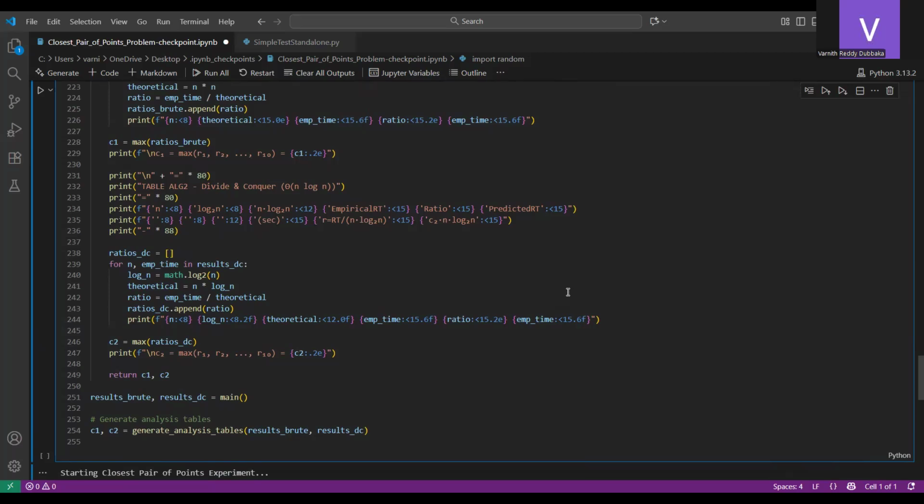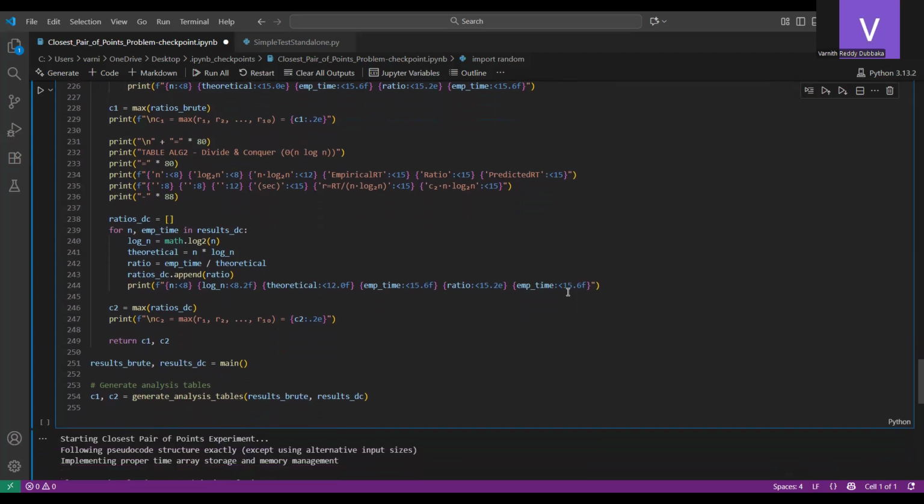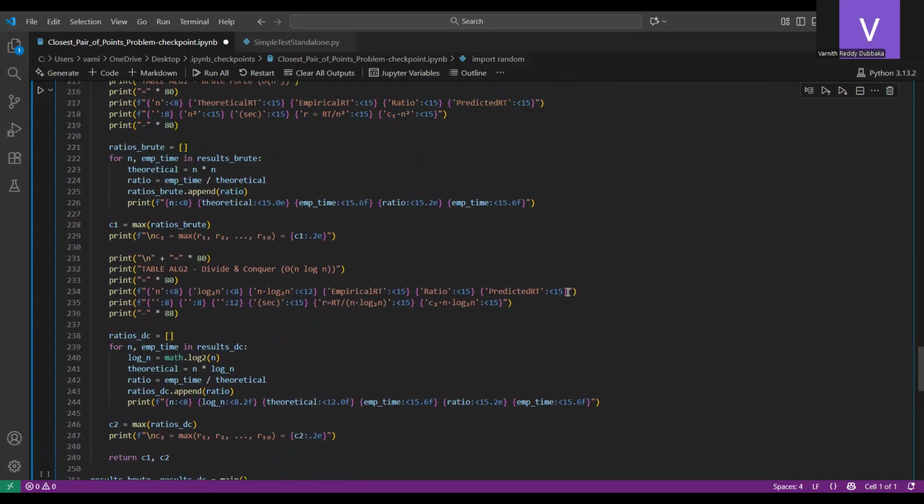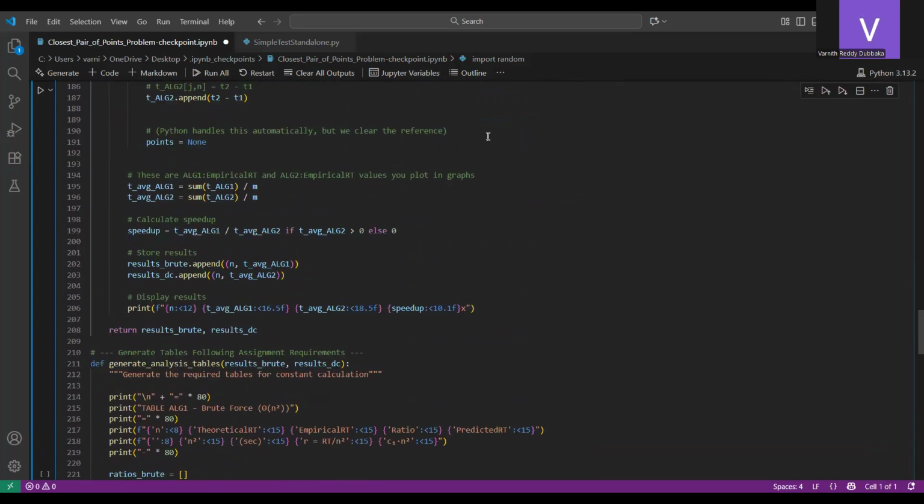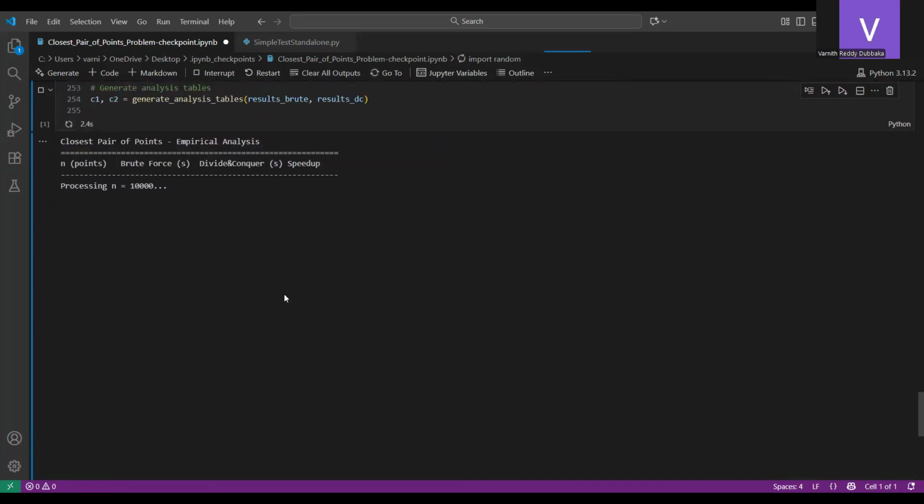Third, we run the test 10 times and calculate averages by summing times and dividing by 10, as shown. Let me just run this file so that we could see what happens. So it started generating the file, and it's going to take 10 iterations every time.